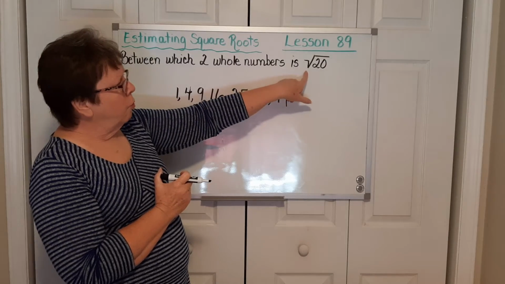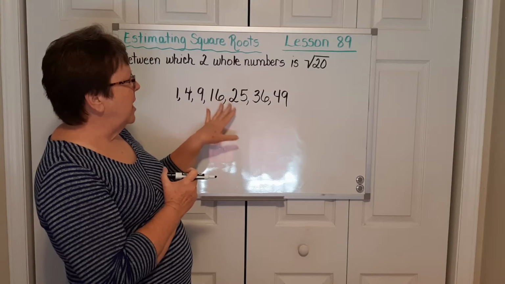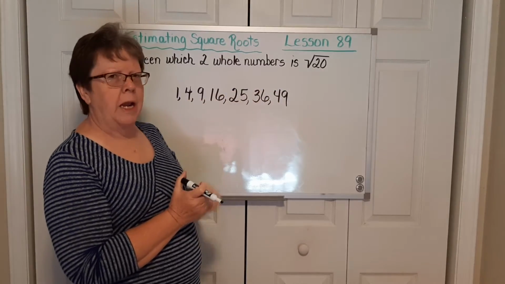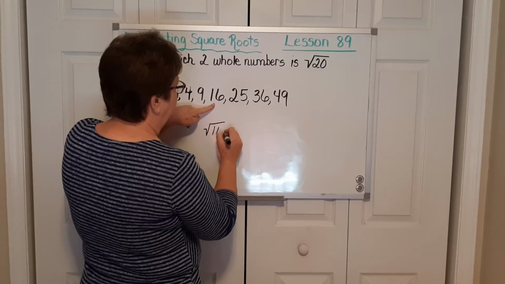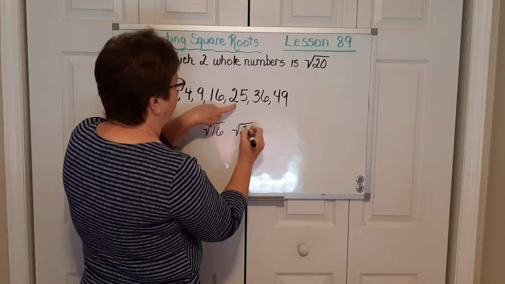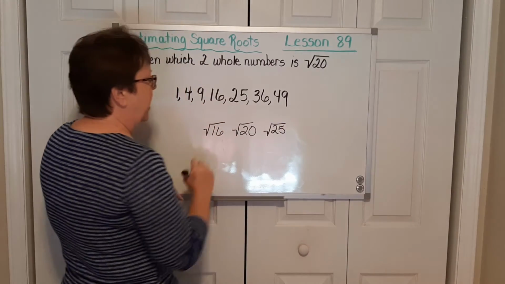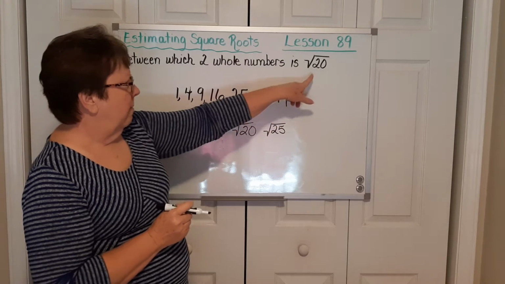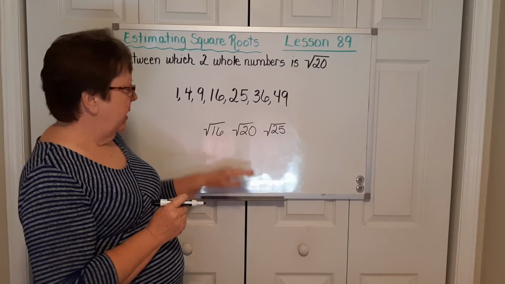Now, the square root of 20 is somewhere between here. So which two of these numbers is 20 between? Well, it's between 16 and 25. You see that? 20 right here is between your 16 and your 25. Okay, now let's review.